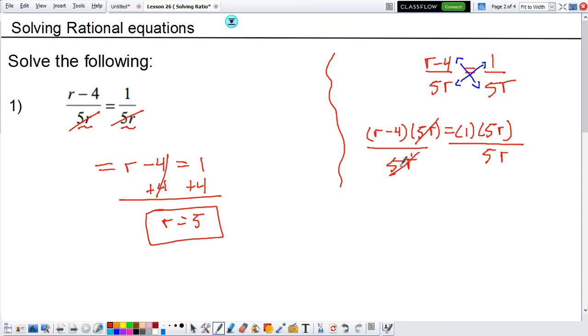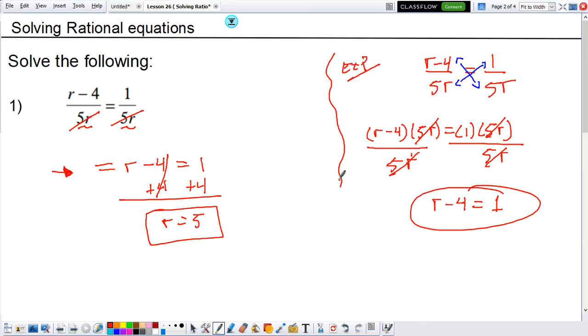So this 5r cancels with this 5r, and we'll have r minus 4 is equal to 1, which is exactly what we have with the shortcut. So this is why the denominators cancel out: when you cross multiply, they cancel. This is just the explanation, not part of the problem. We're just going to do the shortcut. They have the same denominator, we cancel.